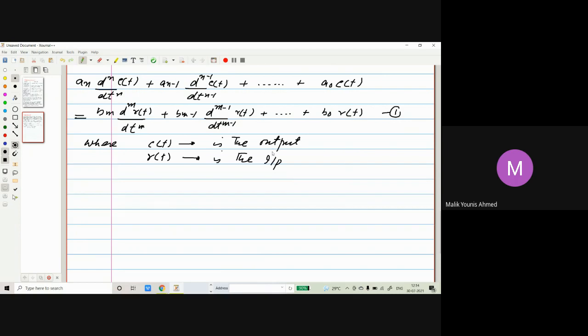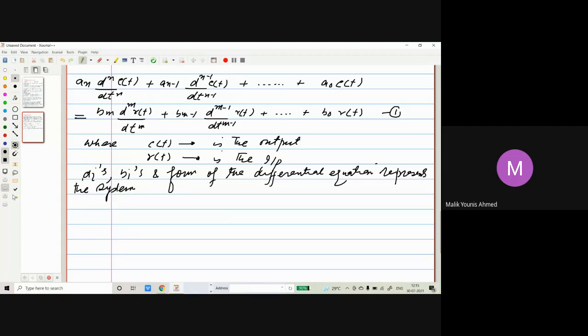The a_i and b_i, where i can be any value 1, 2, 3, 4, that means all the a's and b's are constants, and the differential equation represents the system. That is the complete system we have.